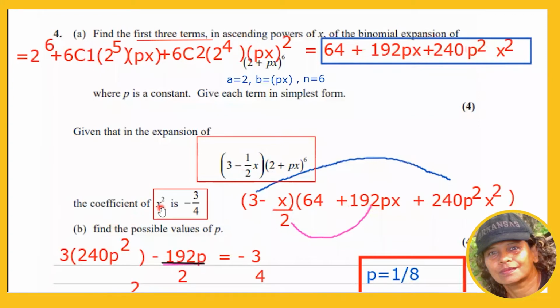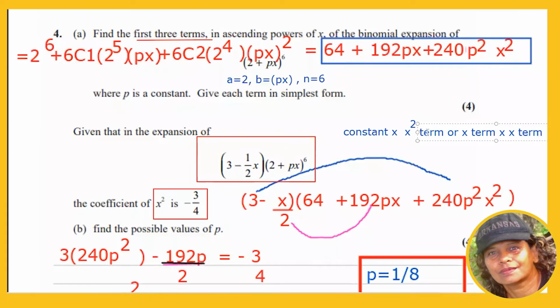Now, how do I get x squared? I can get x squared by multiplying a constant into an x squared term, or I can multiply an x term into an x term.